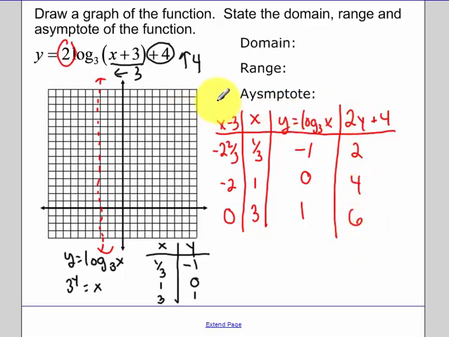So now what you're going to graph is this column versus this column. So -2 and 2/3, that was my 2, and a +2. We have a -2 and a 4, a 0 and a 6.